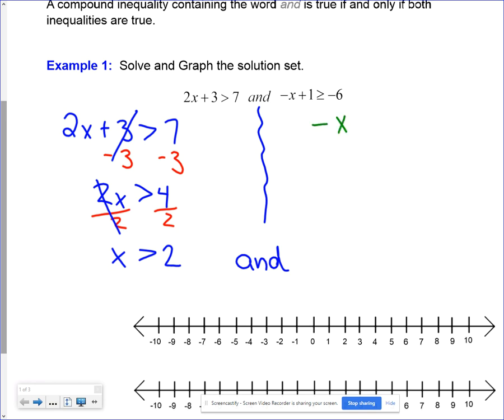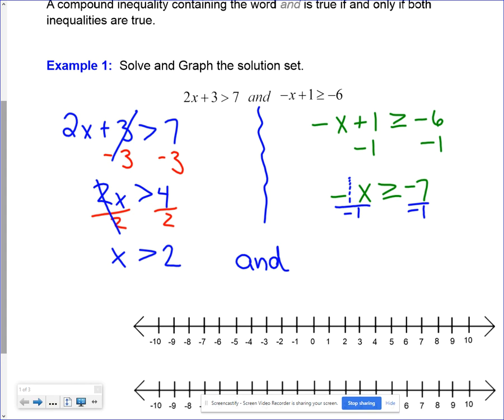Negative x plus 1 is greater than or equal to negative 6. So we're going to subtract 1 from both sides. So we get negative x is greater than or equal to negative 7. Then the last step is to remember there's an invisible 1 here. So we're going to divide both sides by negative 1.